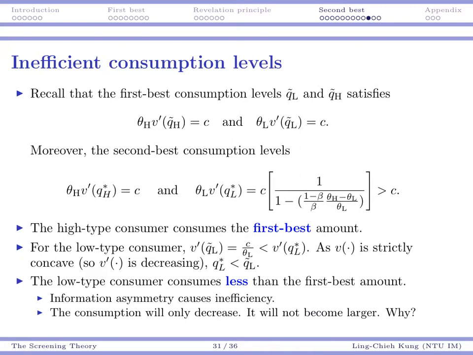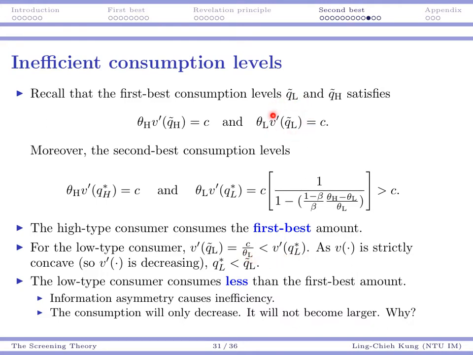Okay, but for the low type part, we can show that this is the condition with complete information, and this is the condition with information asymmetry. Because this particular term is less than 1, this particular thing is greater than C, okay? And then that means you have this relationship.